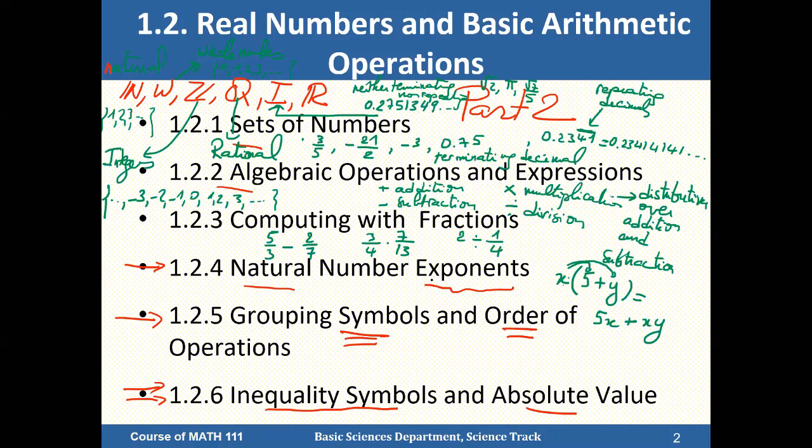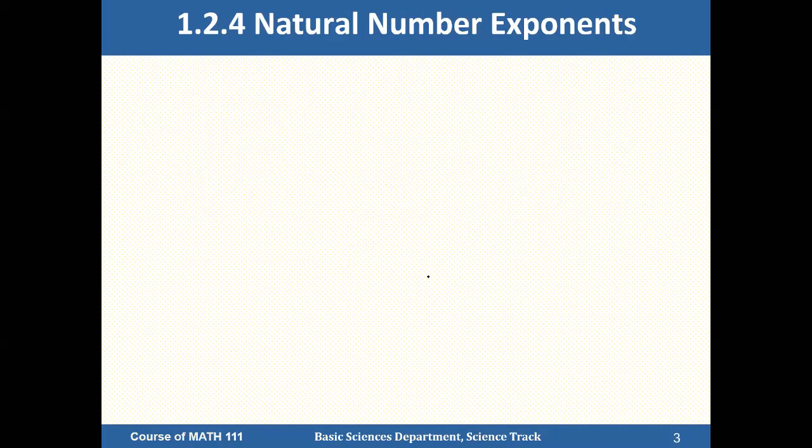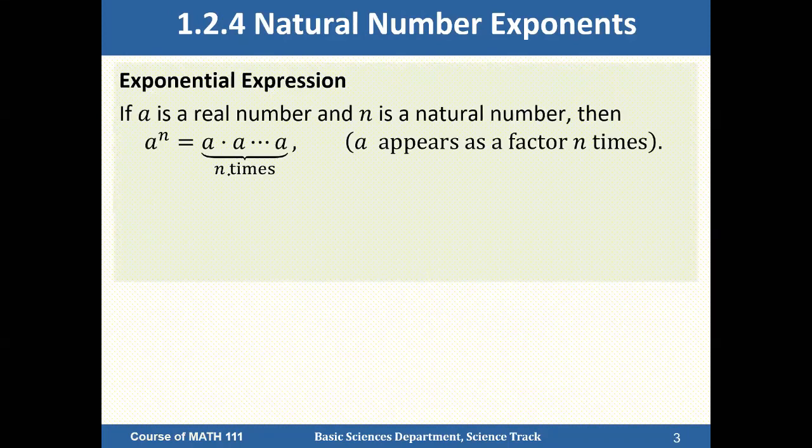So what do we mean by exponent? So this notation is read as a to the n. What's a to the n? A to the n is بكل بساطة a times a times a times a, n times. And 5 to the 4 هي 5 times 5 times 5 times 5.